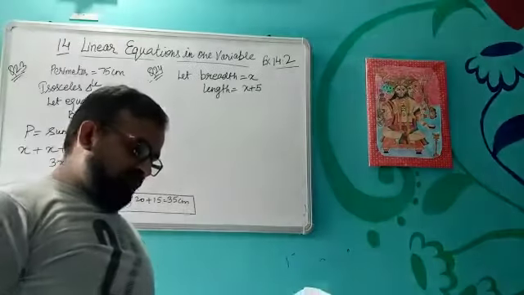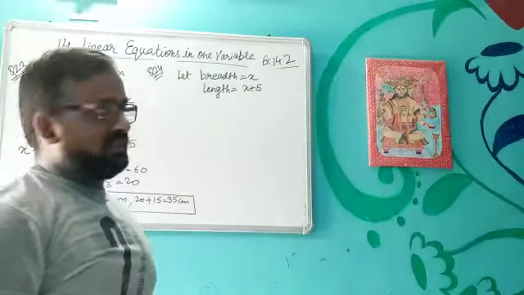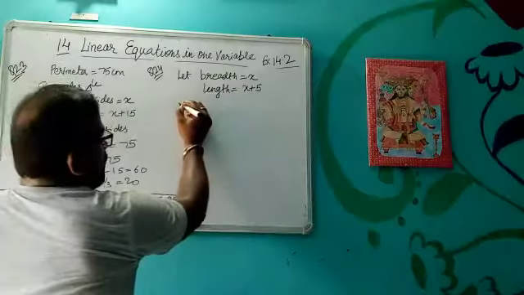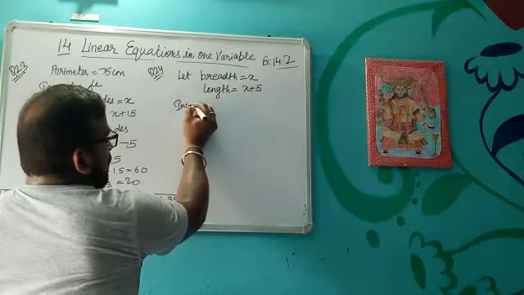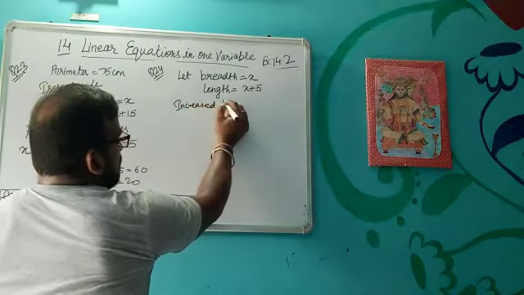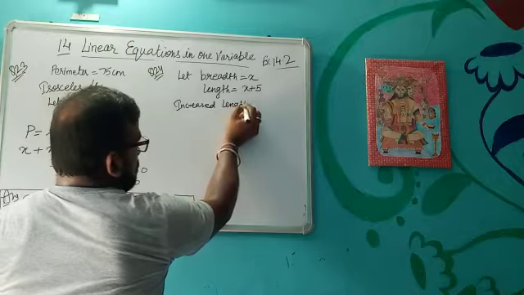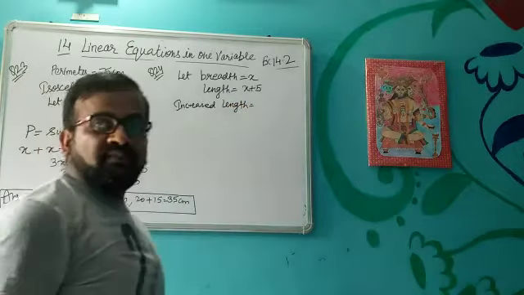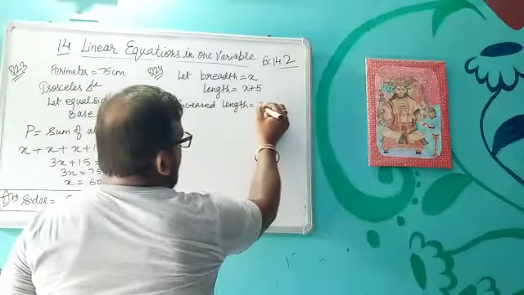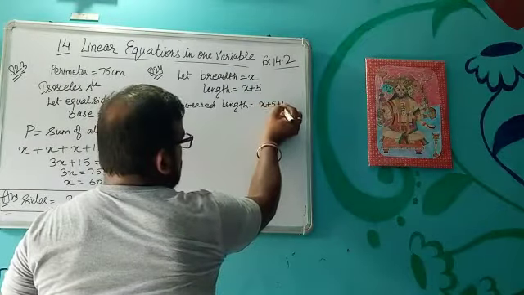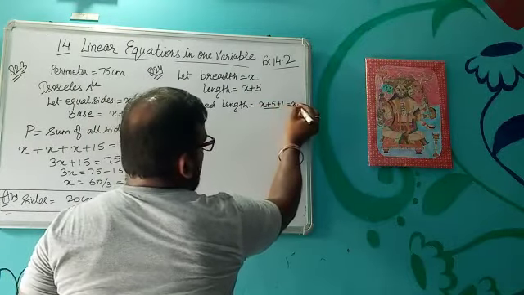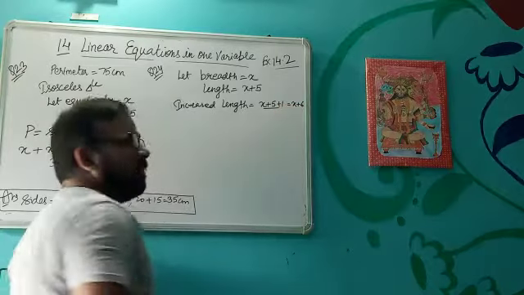If the length and breadth increased by 1 centimeter, increased length will be how much? It is increased by 1 centimeter, so x plus 5 plus 1. So it will give you x plus 6.